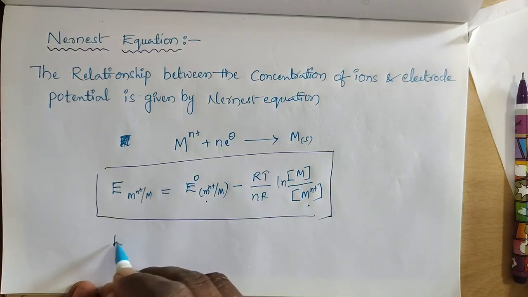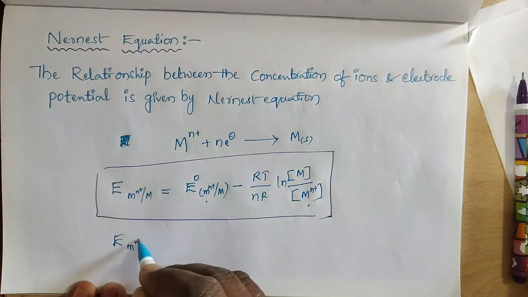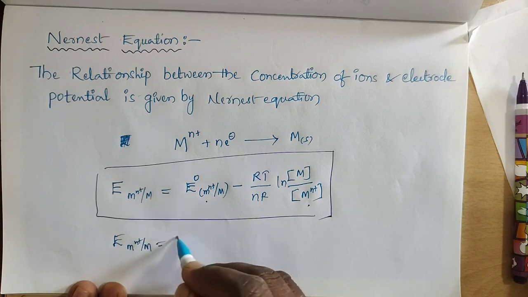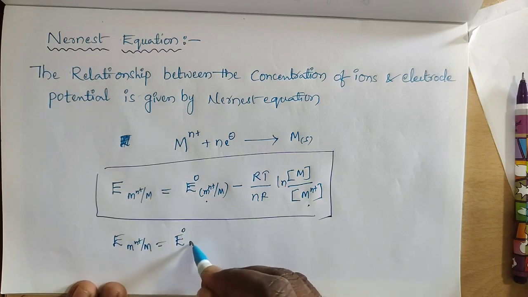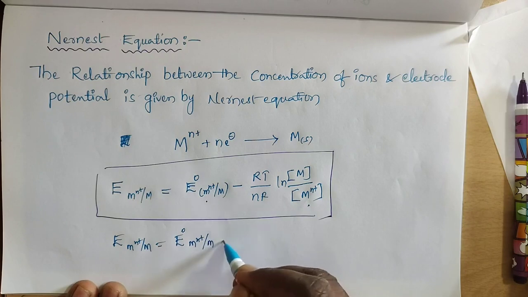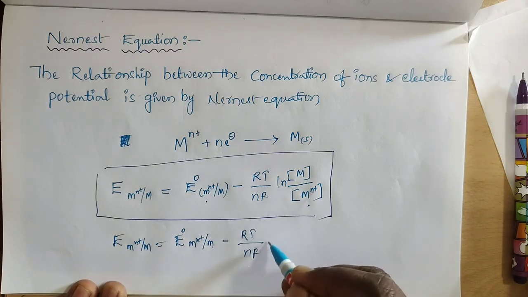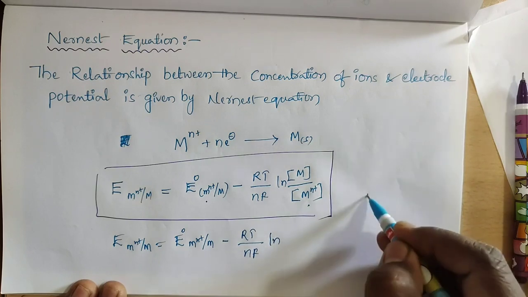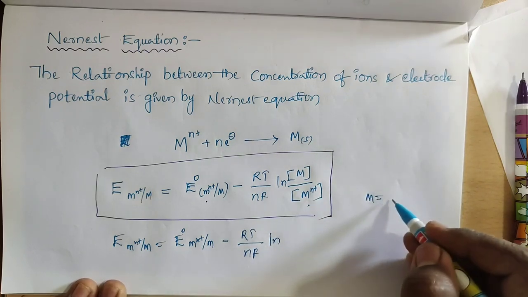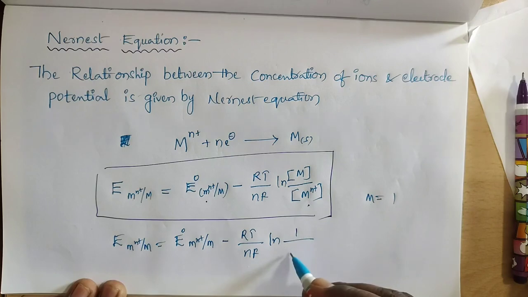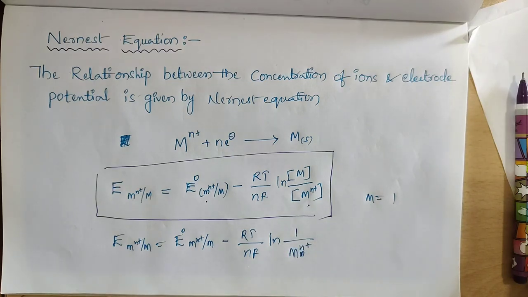So E of M n plus by M equals E naught of M n plus by M minus RT by nF ln, where the solid concentration is taken as unit value, so it is 1 by M n plus. The cell has already been defined.